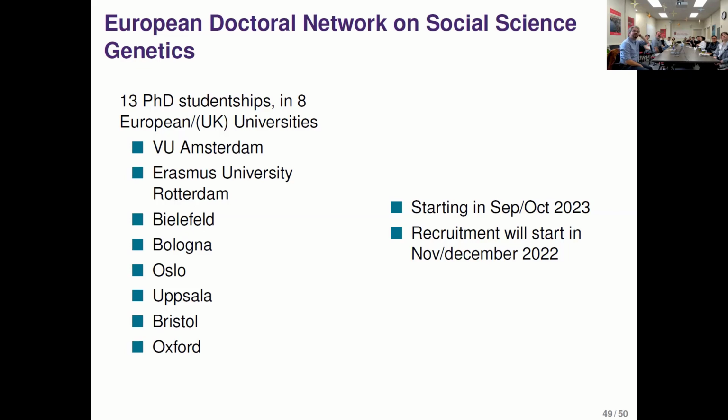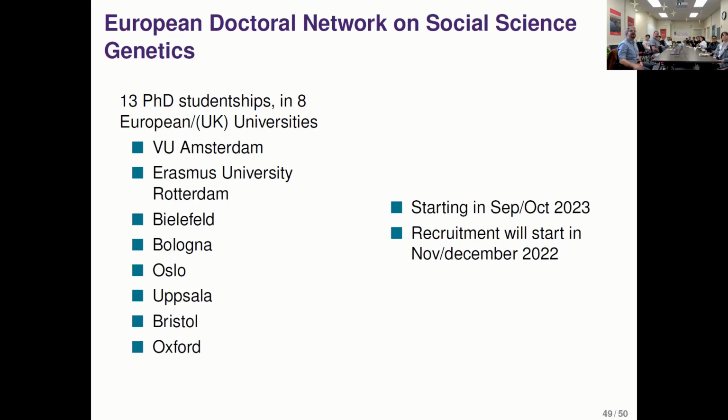So we got a large European grant with all these universities in the Netherlands, in Germany, Italy, Norway, Sweden, and the UK. We will have 13 PhD studentships in these 8 universities. The program will start in October 23, and we will start to recruit this winter.